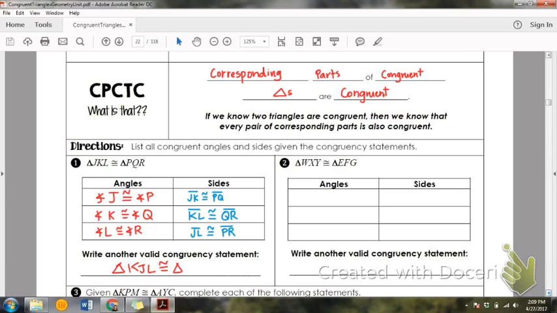So if I said KJL, what's the order that you would write in? If we say triangle KJL, you should say triangle QPR. Okay, if you'd like to try example number 2, you can go ahead and pause this video and try it. And then I'll have the answers for you when you get finished.